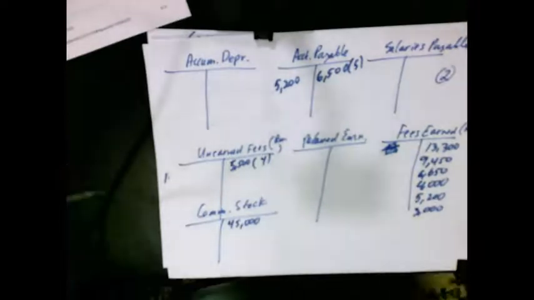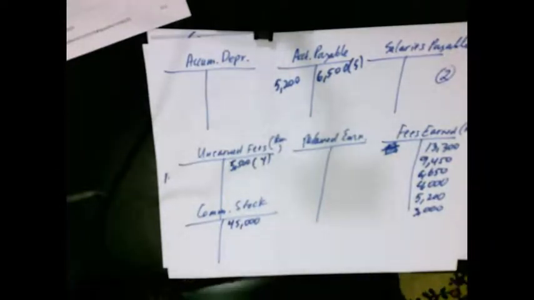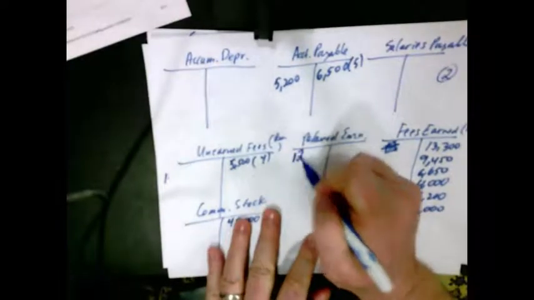The last journal entry is paid dividends of 12,500. So that's a debit to retained earnings and credit to cash.